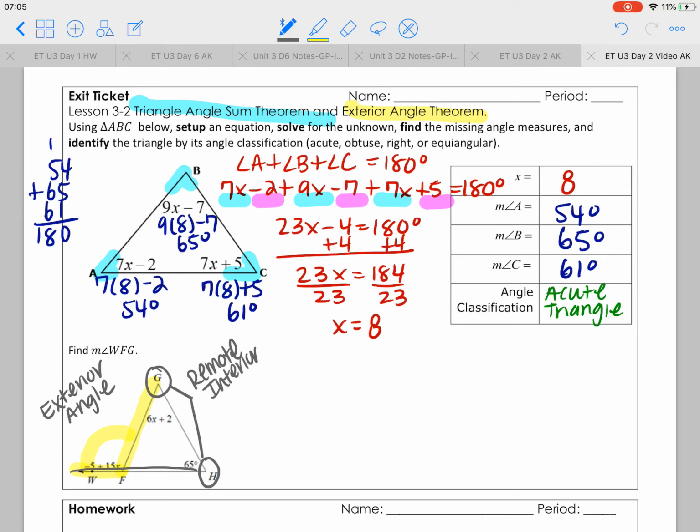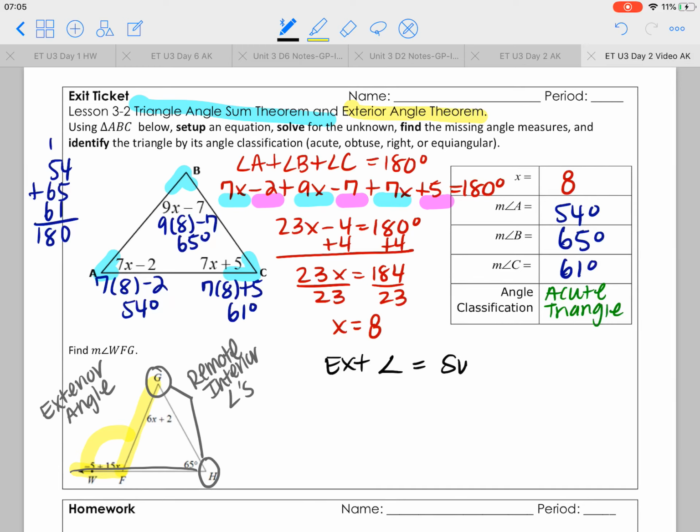So what you learned today is that in order to successfully find the measure of the exterior angle, you need to set the exterior angle equal to the sum of the remote interior angles.